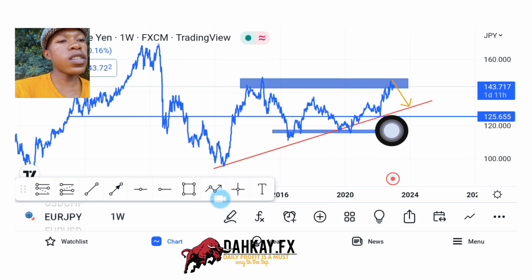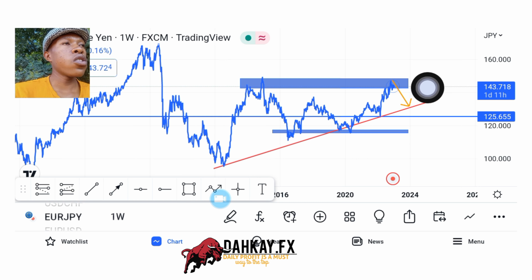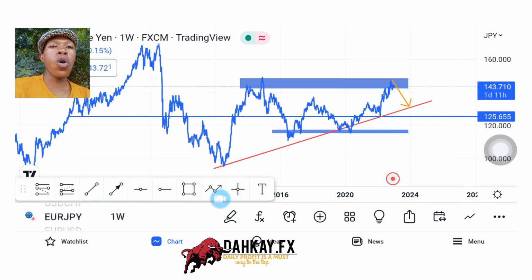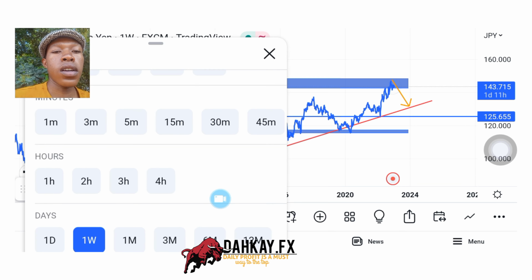Yes sir. So after doing all this, you have to go down to smaller time frames, because you'll see that some trend lines are not aligned well on the points.